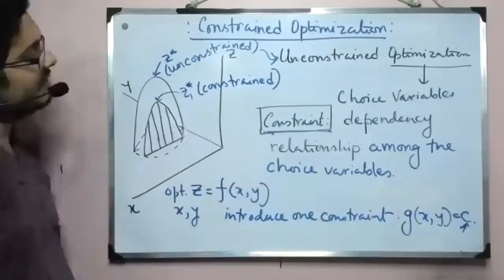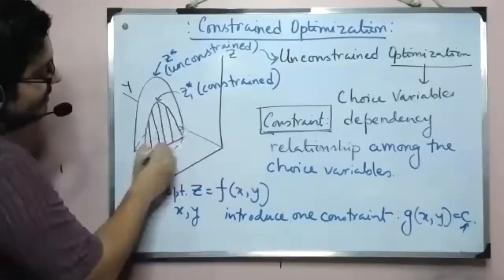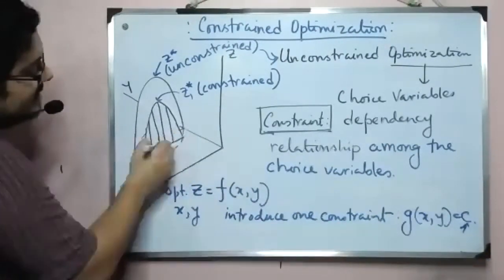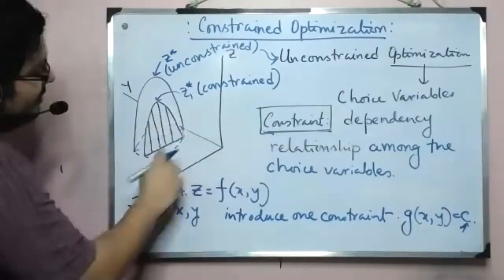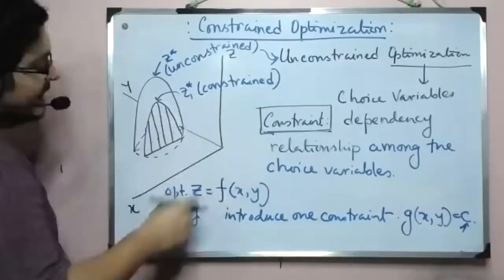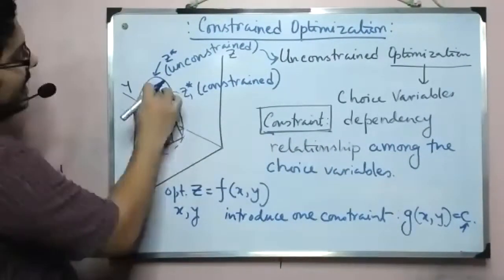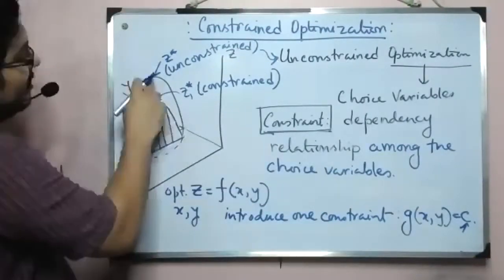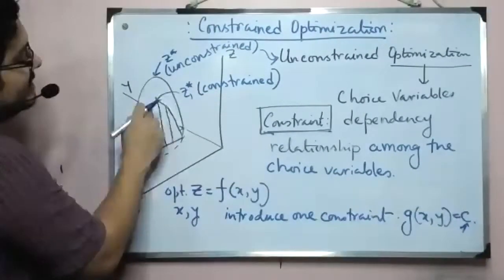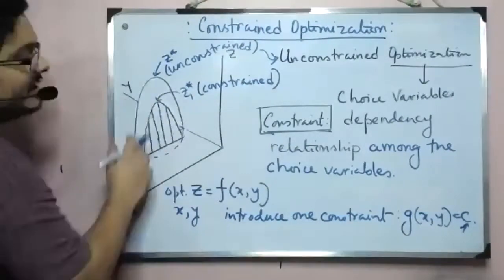So this is our constrained maximum, which is constrained by this straight line, which is just a part of the total set of possible values of x and y. And that restricts us. So with this g of x comma y equal to c, we cannot go to this z star. We have to restrict our attention to only this slice, and here the maximum appears at z1 star.